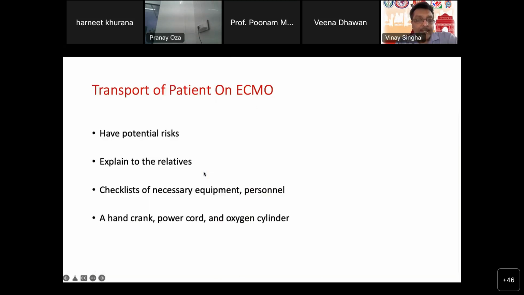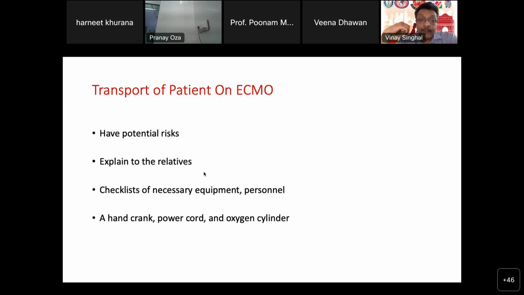So if we come to the transport, again, it's a procedure on a patient on ECMO because it has a potential risk of decannulation, pulling out of lines, and it has a definitive risk.